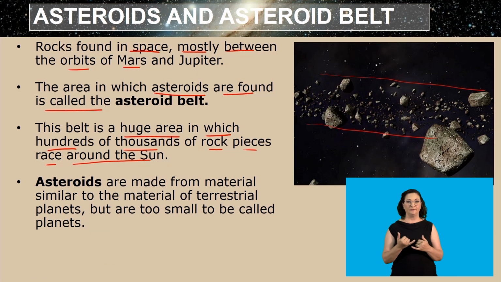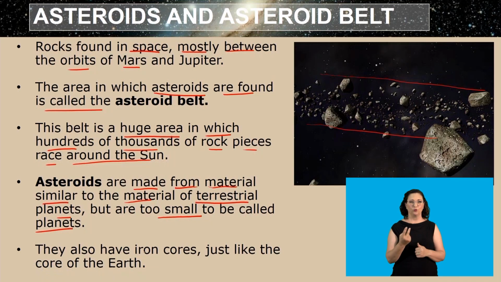Asteroids are made from materials similar to the material of terrestrial planets, but are too small to be called planets. They are very small, so we cannot refer to them as planets, okay? I hope you understood that.